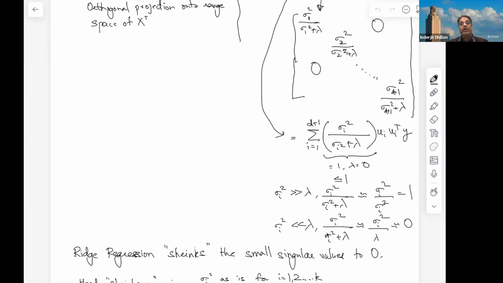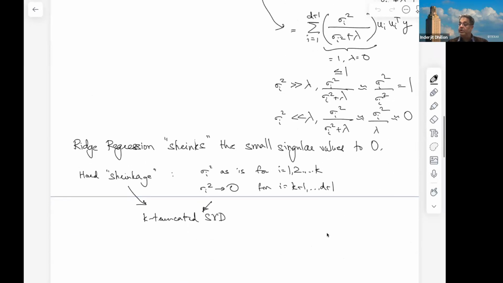An alternate way could be to do this hard shrinkage, where you set the small singular values to 0, and you keep the large singular values as is. That's also a way to do things, but it's not the same as ridge regularization. And if you now think about doing this on the computer, to do hard regularization, you actually need to know the SVD.